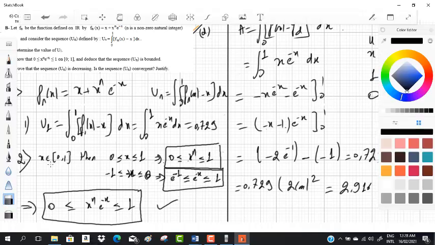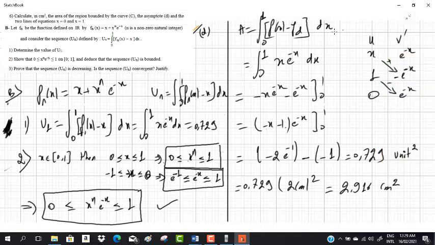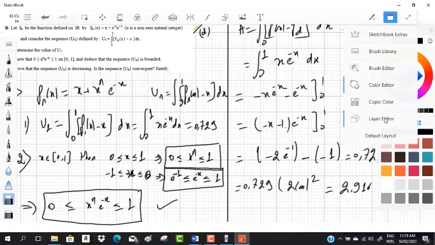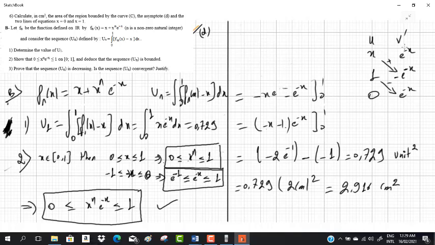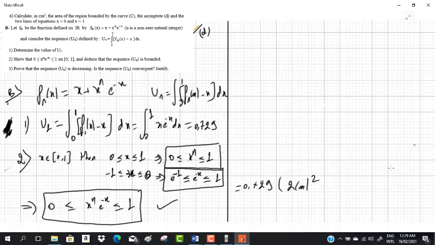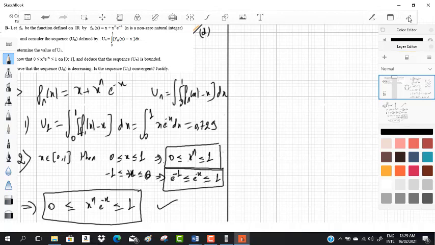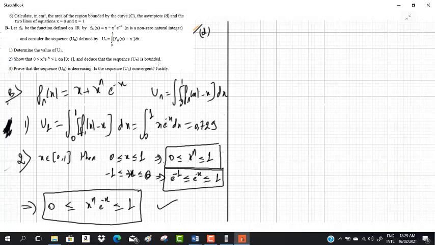Now, and deduce that u_n is bounded. u_n is exactly the integral of x^n e^(-x) dx between 0 and 1.